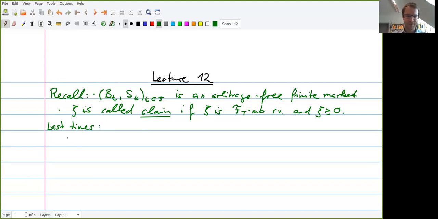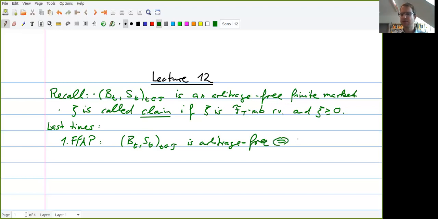So first, let me also recall the first fundamental theorem of asset pricing, because this is a very basic central result we will use basically all the time. The market is arbitrage free if and only if the set of equivalent martingale measures is non-empty.